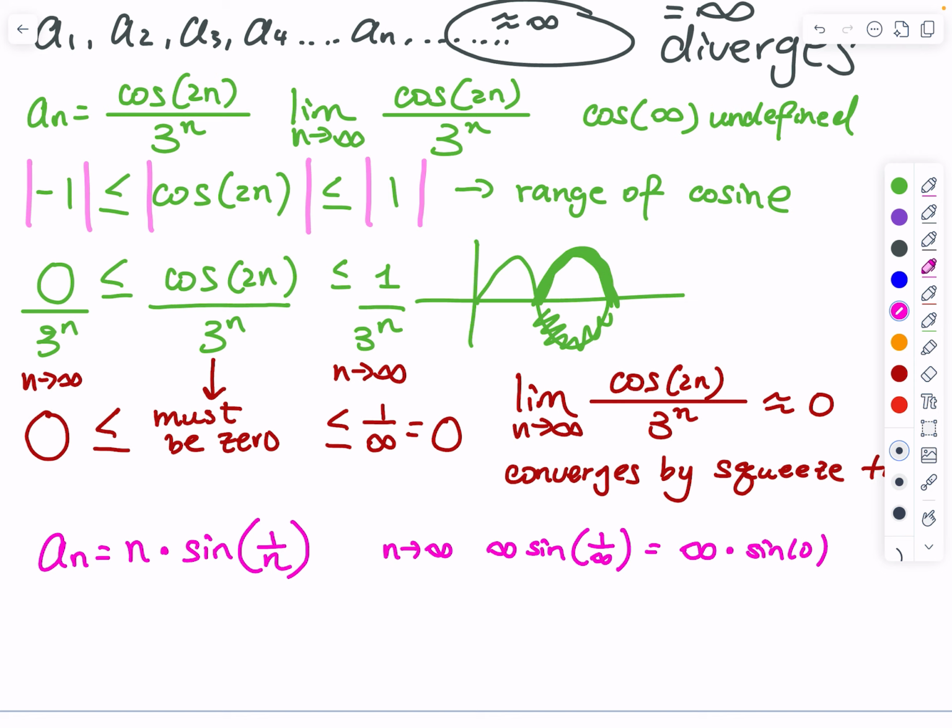We will have to use L'Hopital's rule right here. Hold on. This is infinity times 0, which is one of the indeterminate forms.